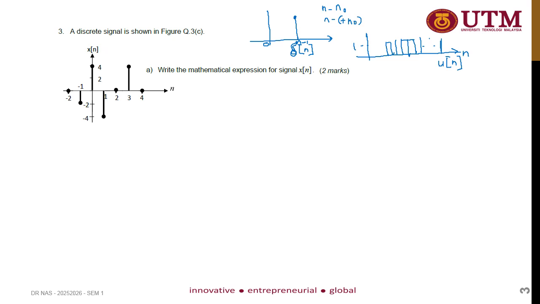Let's look at the first. The max is 2. As long as you can identify the position, you can write the equation straight away. So in this case, your x[n], start from the left hand side.